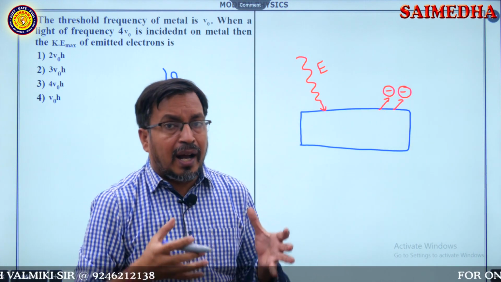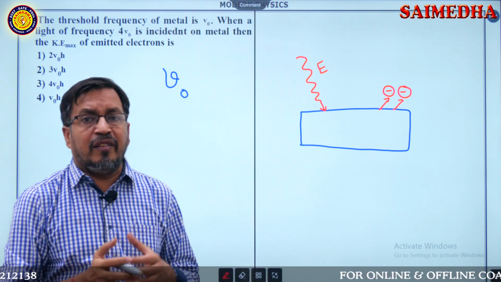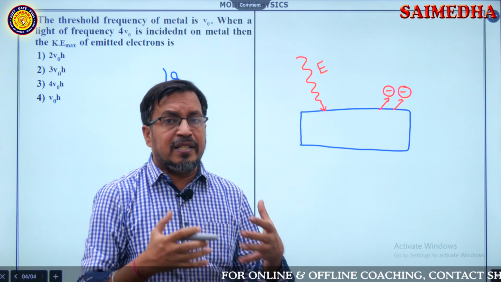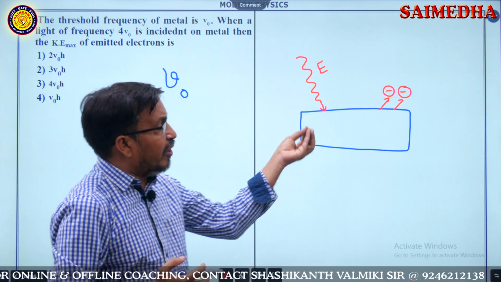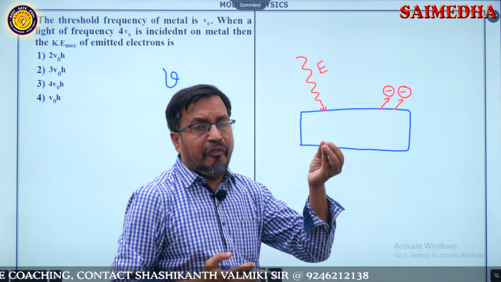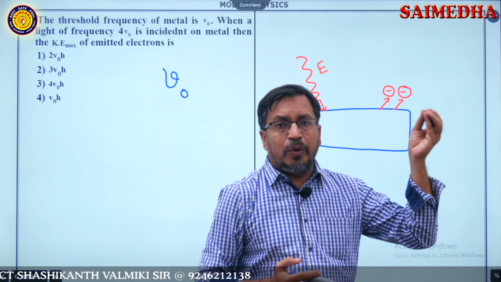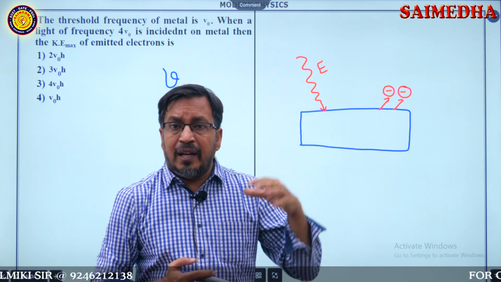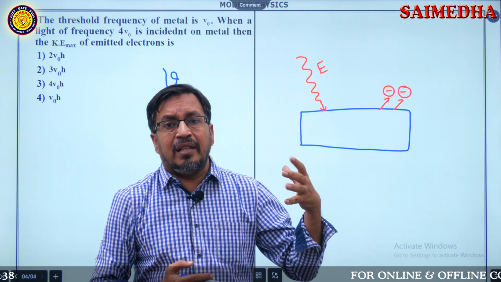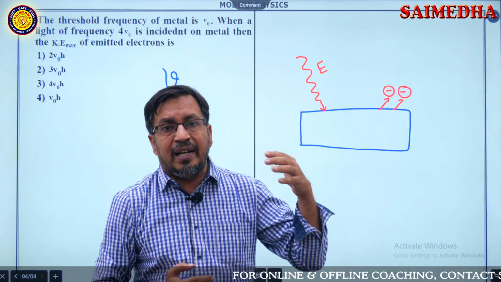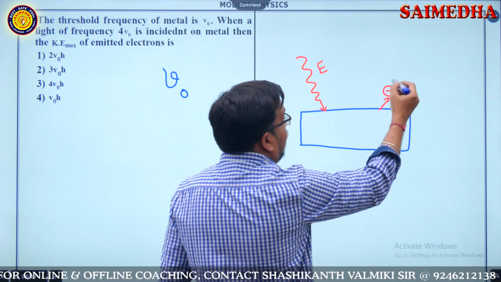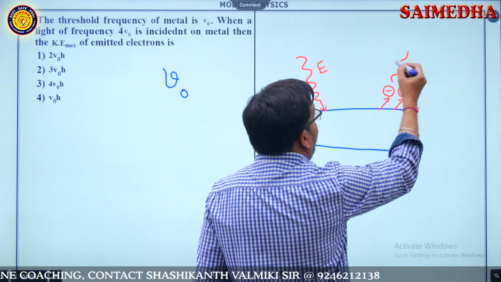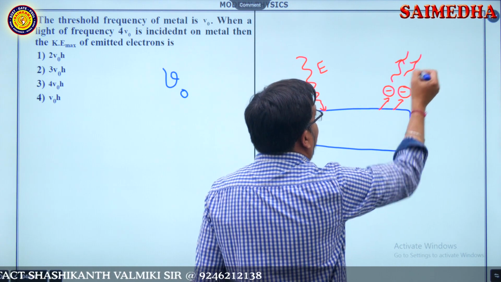If the applied incident light energy is larger, then what happens? Some amount of energy is required to emit the electrons. The remaining energy of the incident light is given to the emitted electrons to obtain photoelectric current.